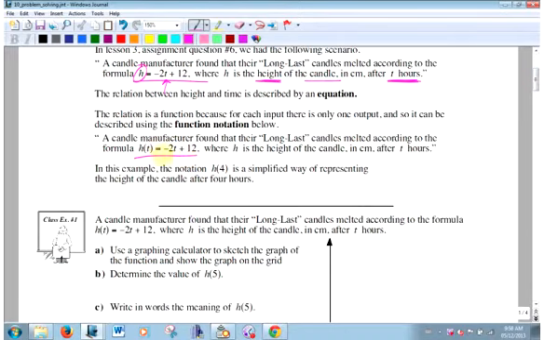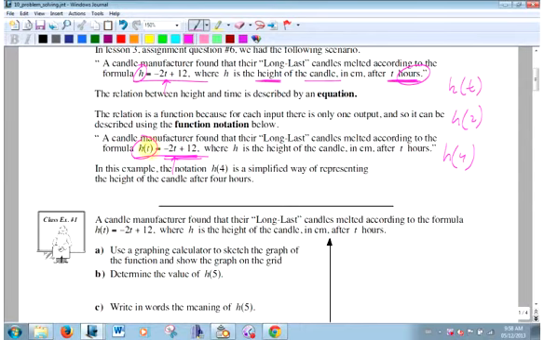Okay? So, there's our function. It's for a candle. We can find values of t, plug it in, and I can go, what is h of t? What is h of 2? What is h of 4 in hours, and find out what is the height after a certain period of time of lighting it. Some candles last longer than others, depends on its quality, right?